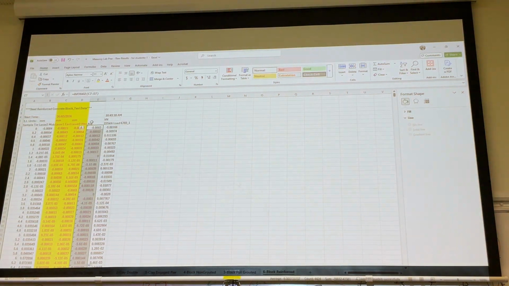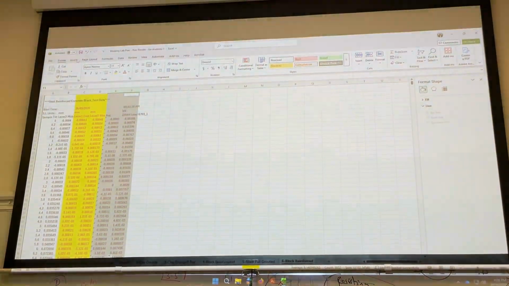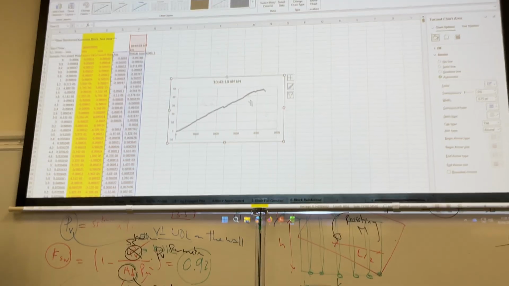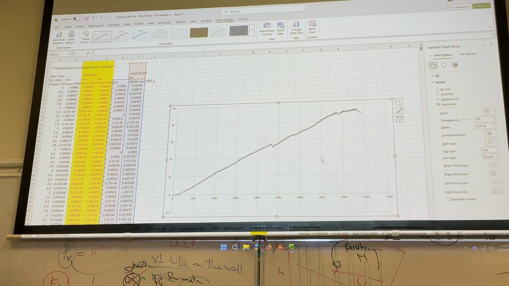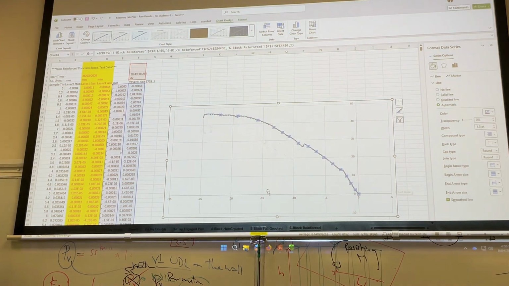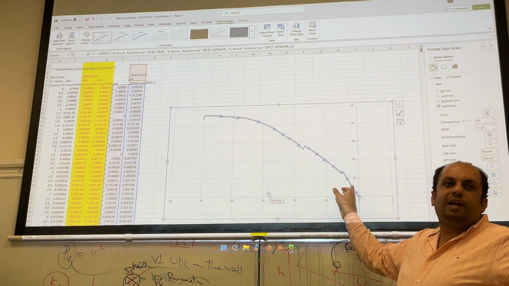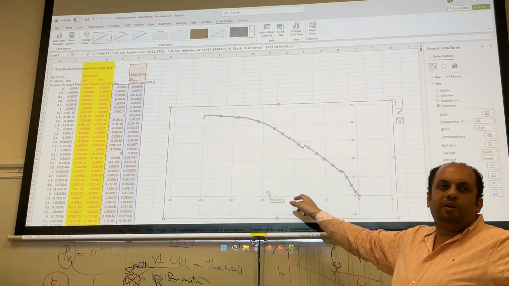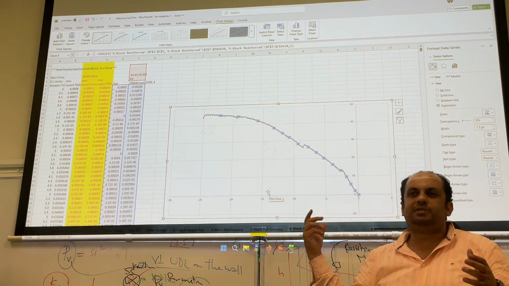Then we can plot the relation. This again is a relation between two. The load should be on the vertical axis, and the displacement should be on the horizontal axis. But as you can see, the measurements of the LVDTs are negative.